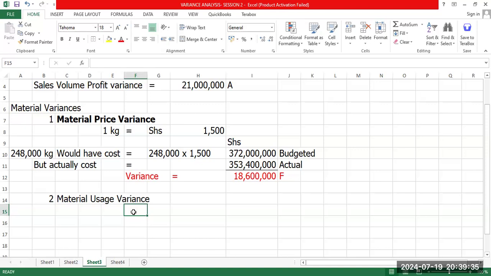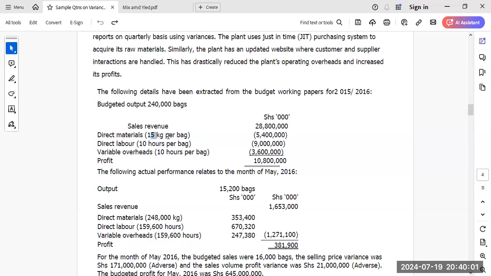So the question is, for one bag, you are planning to use how many kgs of materials? For one bag, you are planning to use what, according to your budget? Do you see this?